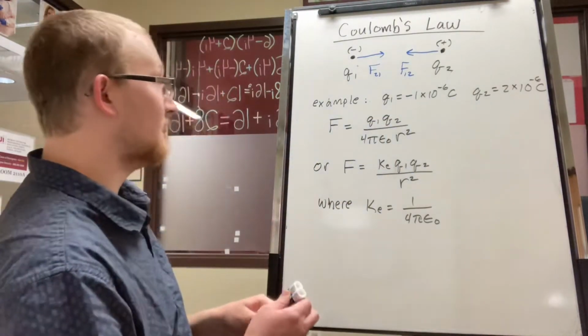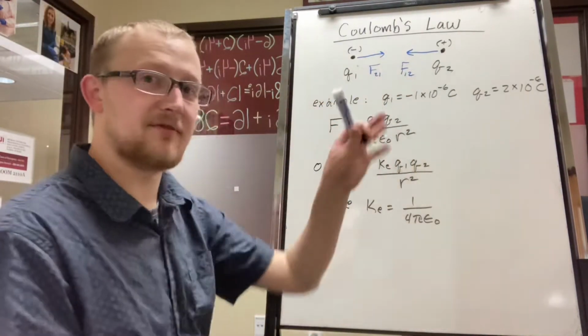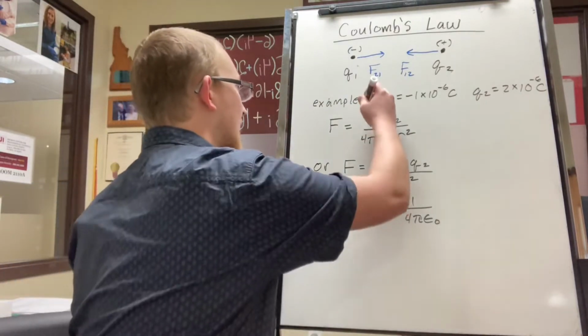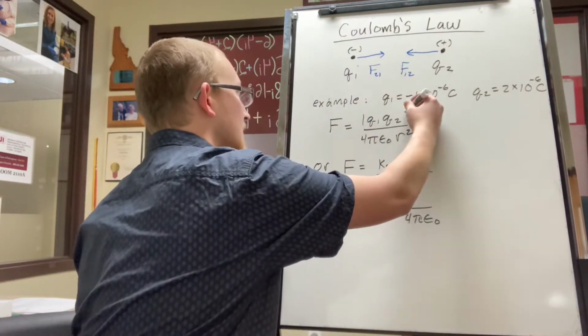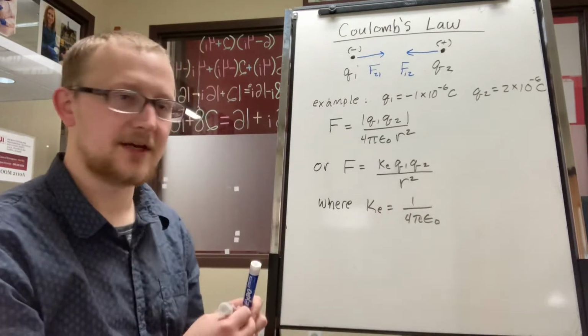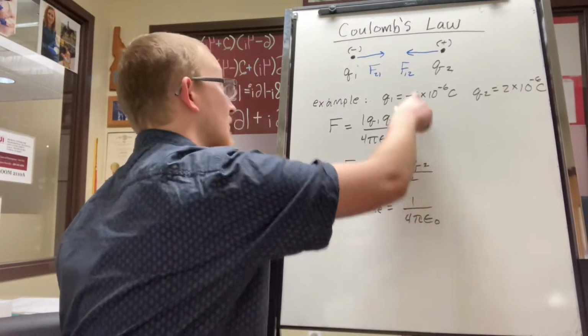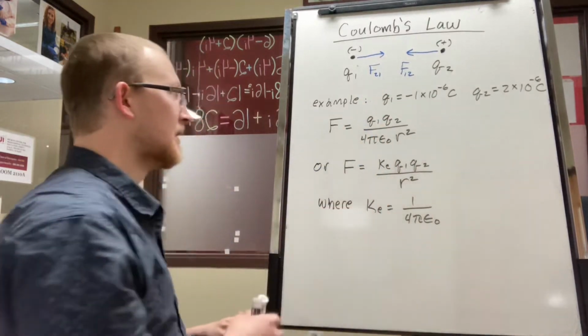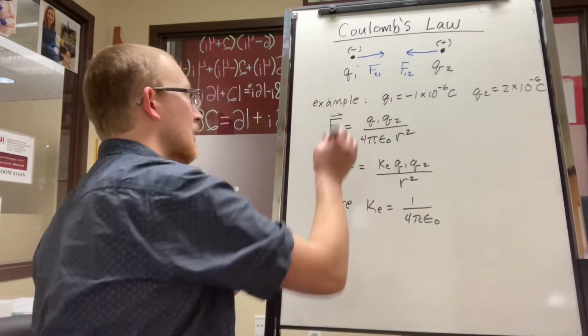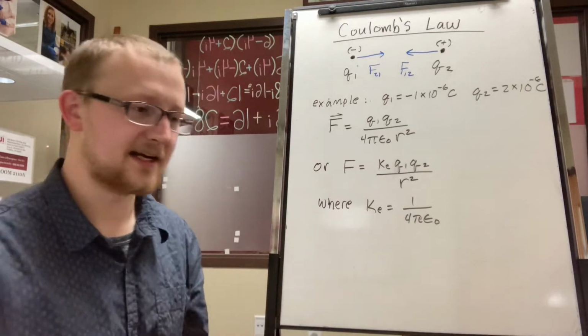So really, if you pick which direction the vectors must be going, then you're actually going to be taking the magnitude of Q1 times Q2. So I just drop the negative sign when I do calculating because I've already drawn which direction it'll go. And you remember, force is a vector, so it adds like a vector.